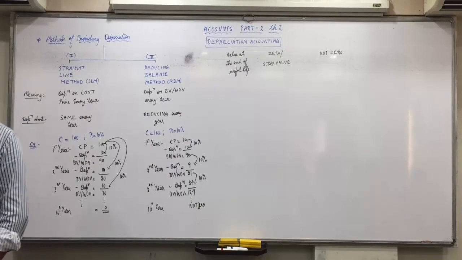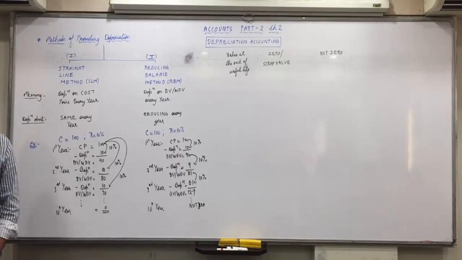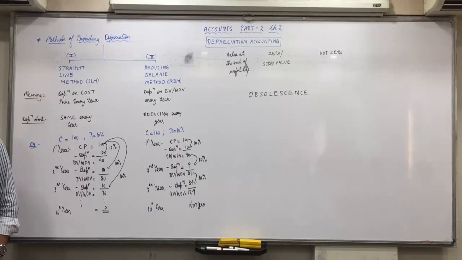Also with the passage of time, even if you don't use it, the asset has become old, so its value has gone down. Okay, so passage of time, obsolescence. You should have heard this word in economics. Obsolescence means outdated, as and when things become outdated.